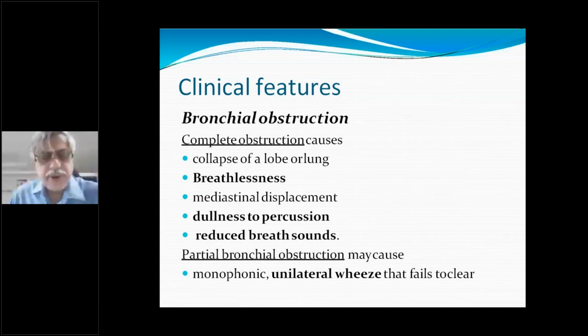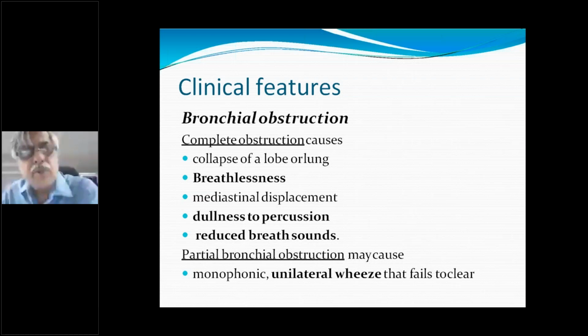In bronchogenic carcinoma, you will find a fixed monophonic wheeze. Fixed monophonic means you will hear the wheeze only over that area, like the apex, only the upper lobe, front and back. You will hear wheeze only over that area, one type of sign.